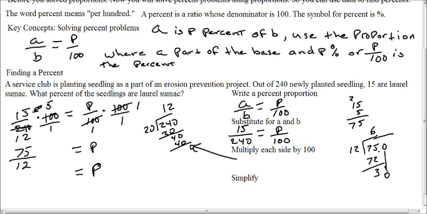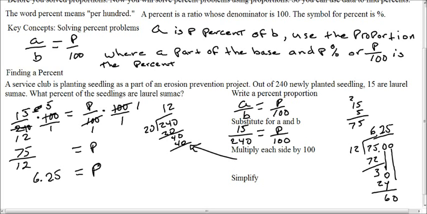And 12 goes into 30 2 times, and 2 times 12 is 24. Then we subtract and we'll get 6, and we'll bring another 0 down, and then 12 goes into 60 5 times.